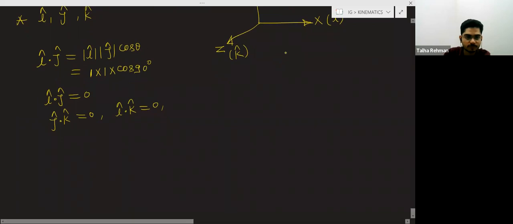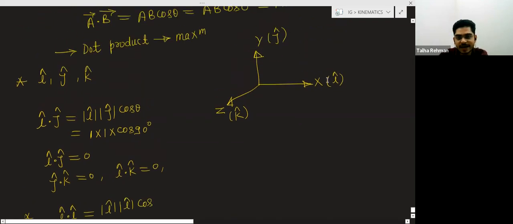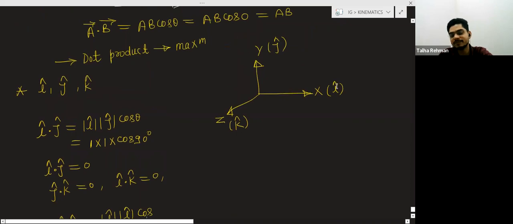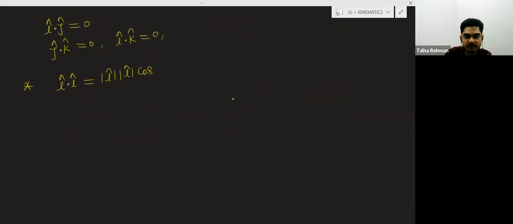Okay. For example, if you want to find I cap dot I cap, then what you will write? Magnitude of I cap, magnitude of I cap, and cos of theta. What is the angle between I cap and I cap itself? Zero degree. This here will be cos 0. So this is 1, this is 1, and cos 0 is also 1.